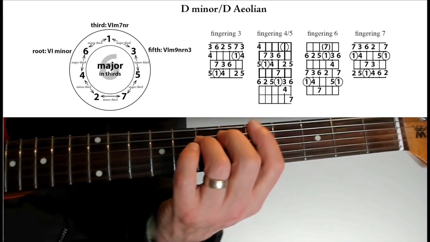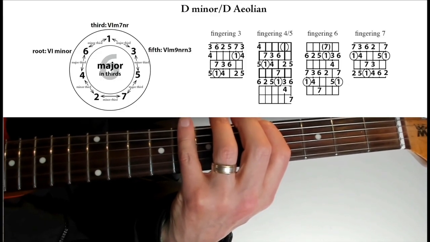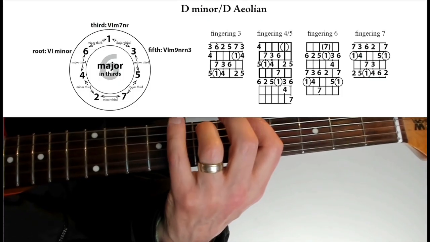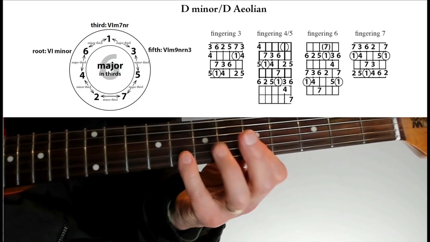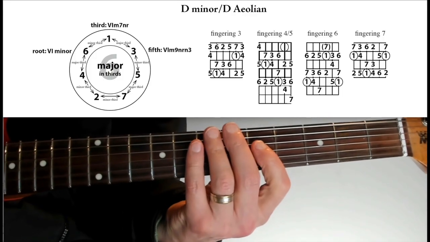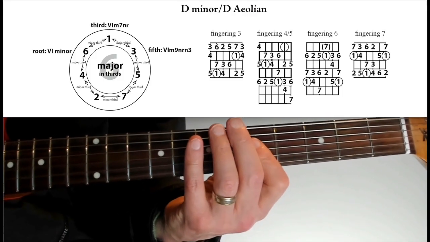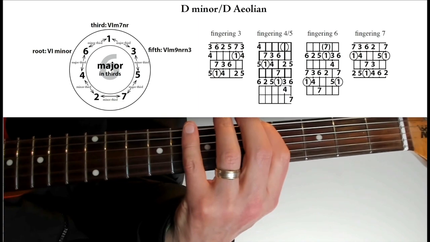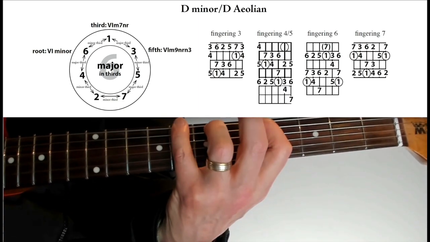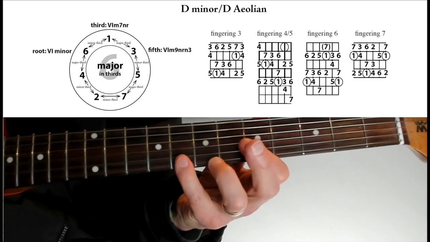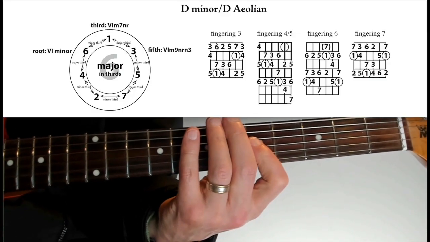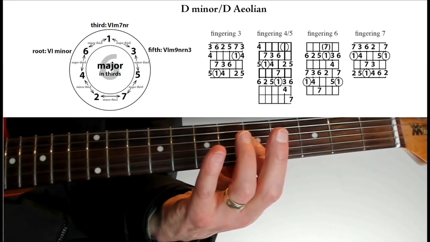A minor is all the 3, 5, 7s. 3, 5 of F, 3, 5, 7, 3, 5, 7, 3, 5. And those together, A, C, E, A, C, E, A, C. Those together make a D minor 9th, no root, no third.